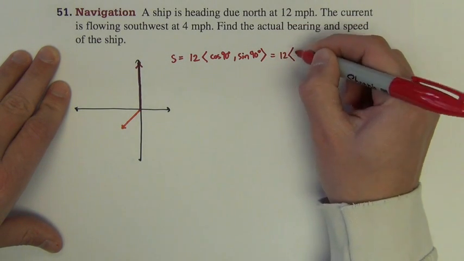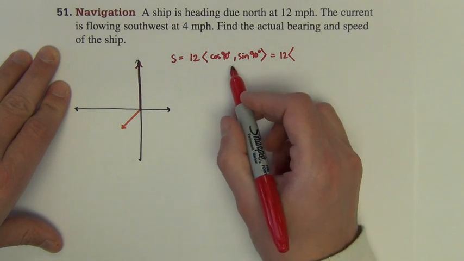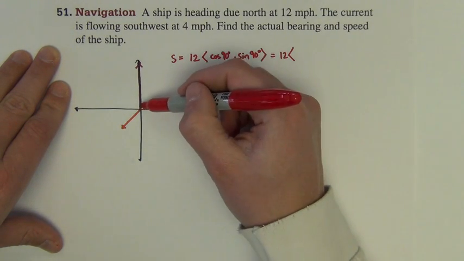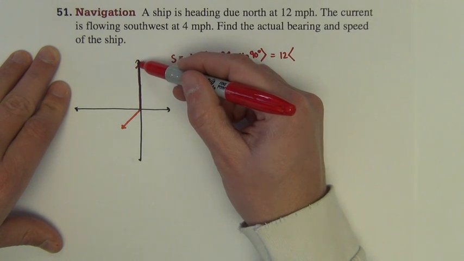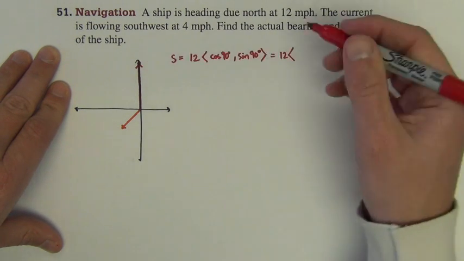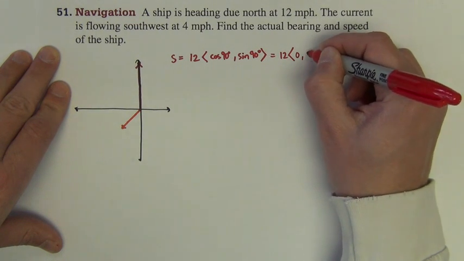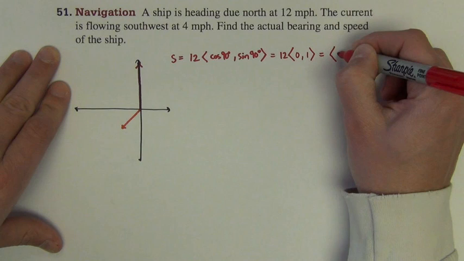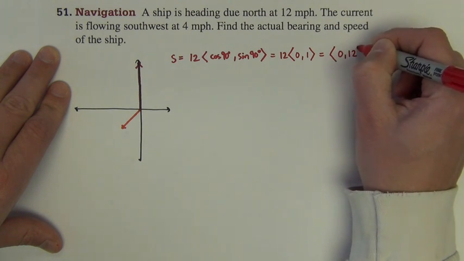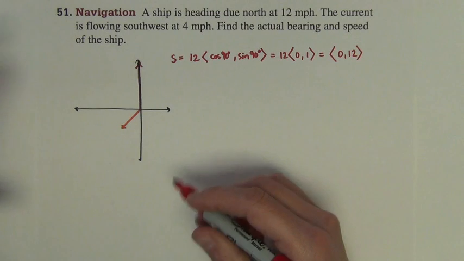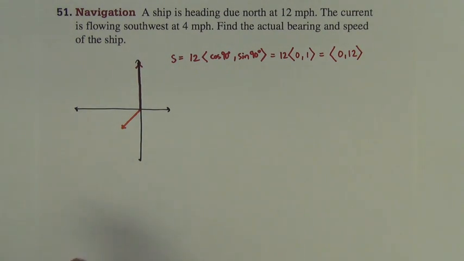So I have 12 times, now cosine 90 and sine 90, you can use your calculator for that, but we know that the cosine of 90 degrees is just the x-coordinate of the point at 90 degrees, which is 0. So that's 12 times 0, 1, which becomes 0, 12.